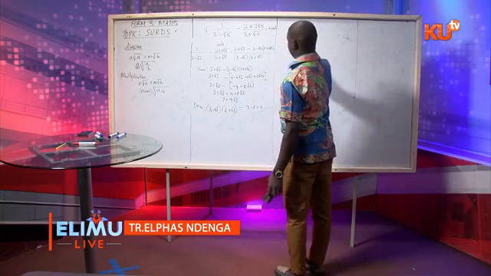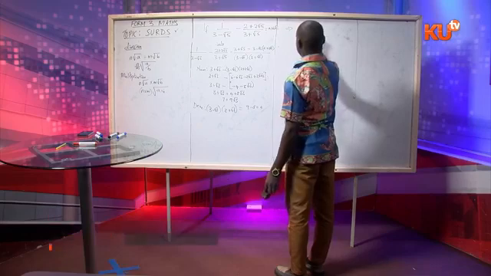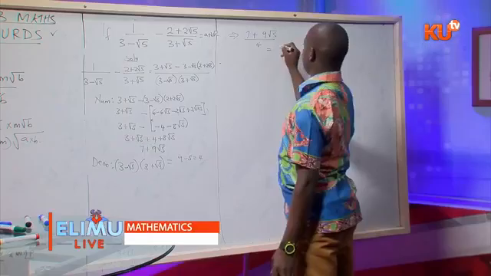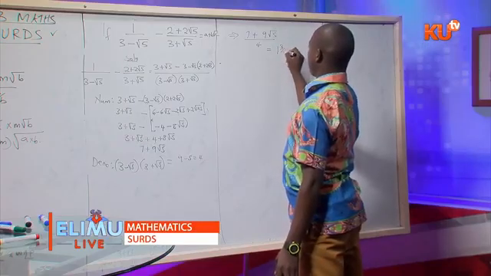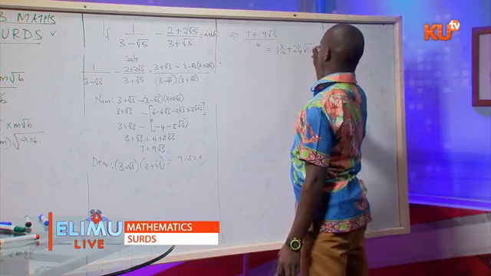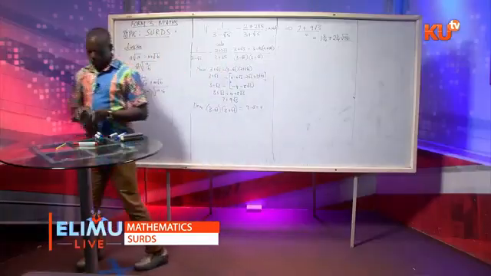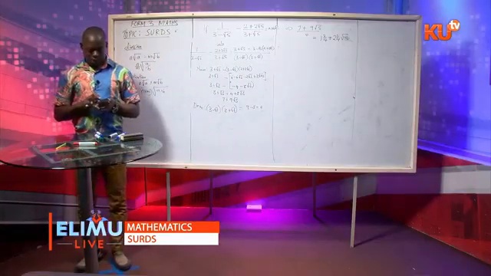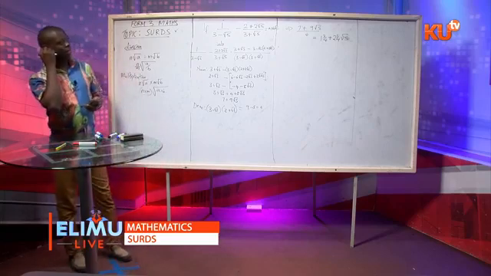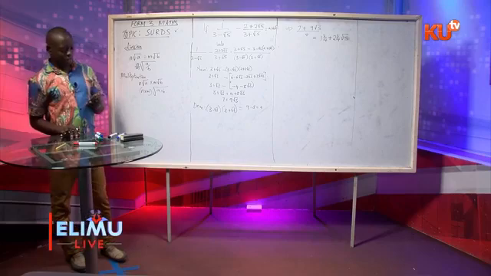So we'll have 7 plus 9 root 5 over 4, and this will give us 1 and 3 over 4 plus 2 and 1 over 4 root 5. So that will be our solution. And so our a is 1 3/4, our b is 2 1/4, and our c is 5.